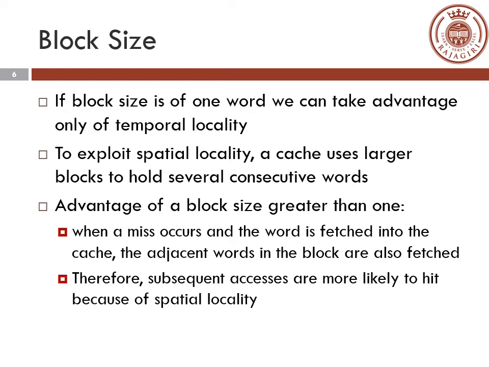So the adjacent words also will be fetched along with that. If you have the advantage of spatial locality, the nearby words also are being copied to the cache, so that will decrease the miss rate.